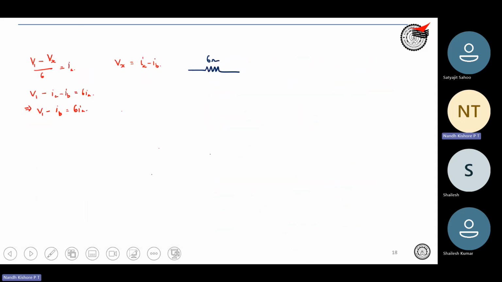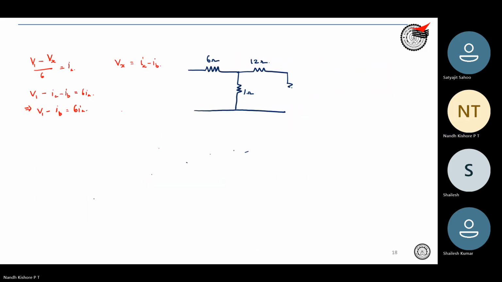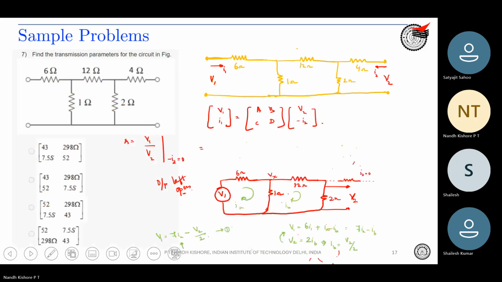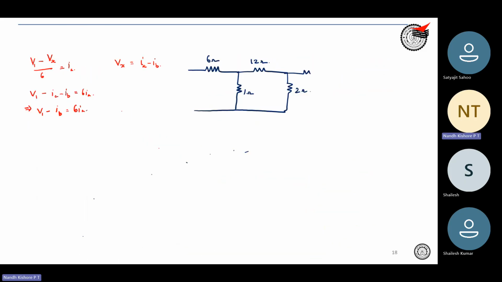So 6 ohm, 1 ohm, 12 ohm, 2 ohm, and then 4 ohm.